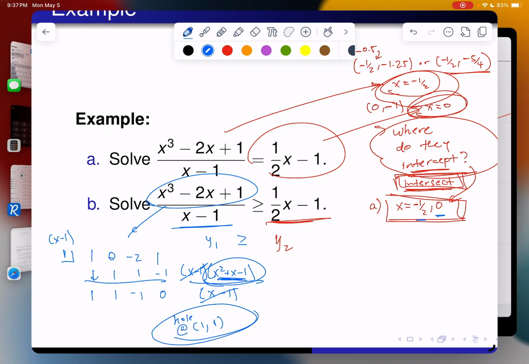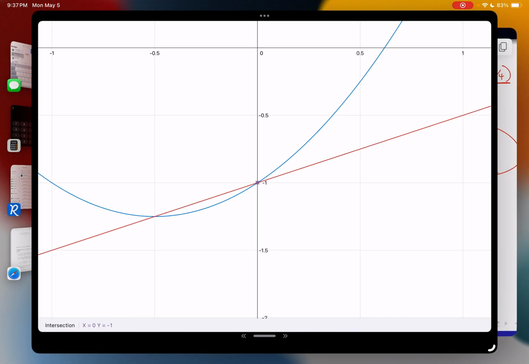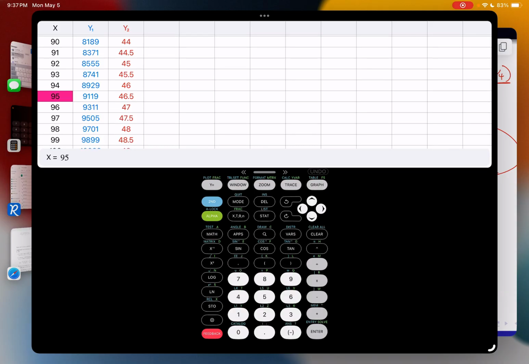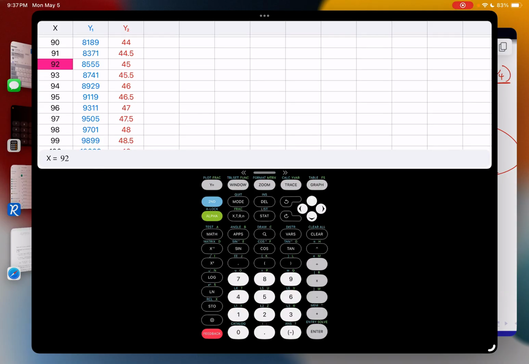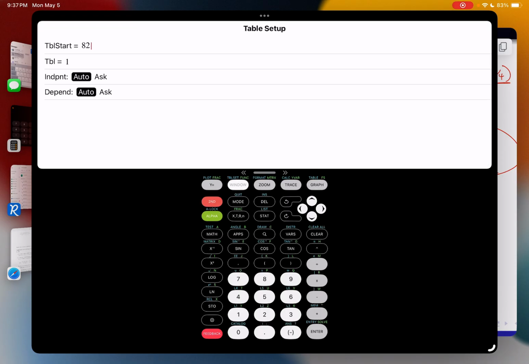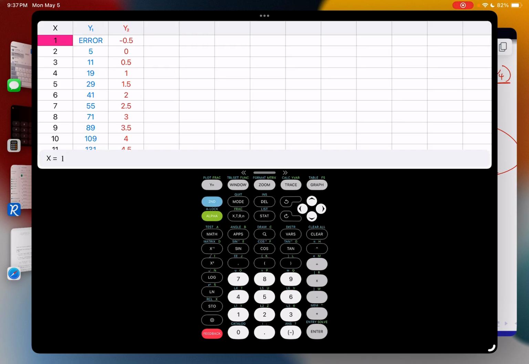I bet if I go on the graph of this parabola, if I go to the table, second graph, and I go to 1, let me go back to 1. That's going to take me forever. Let me go second window and start my table, start at 1. Okay, if I go back to 1, notice, look, you see an error on the blue one because there's a hole there.